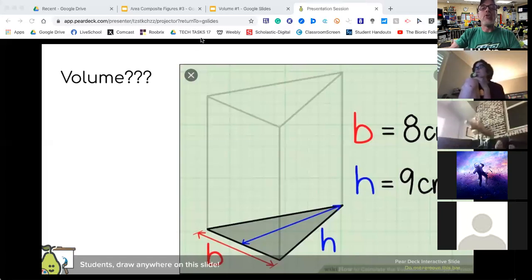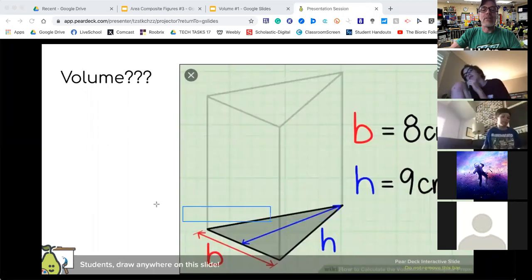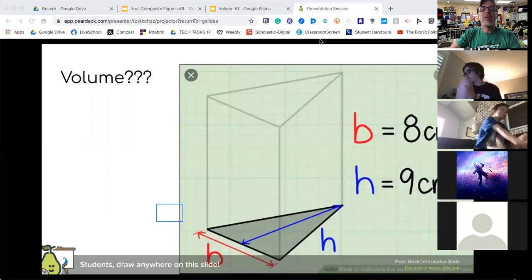What we do know right now is at the bottom, we know the area of the base, they gave us, correct?